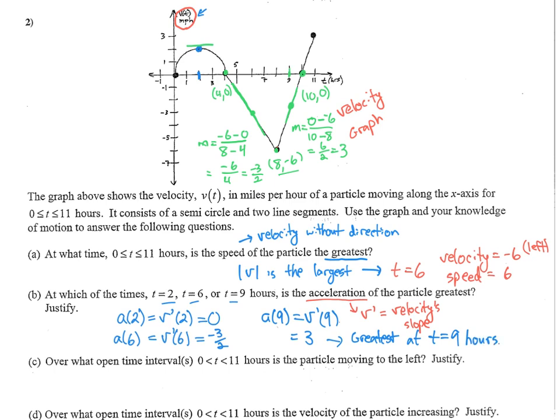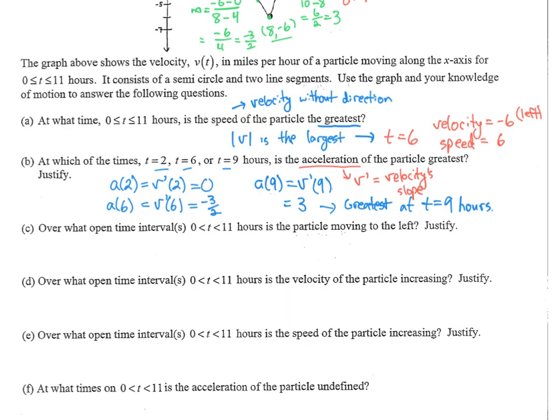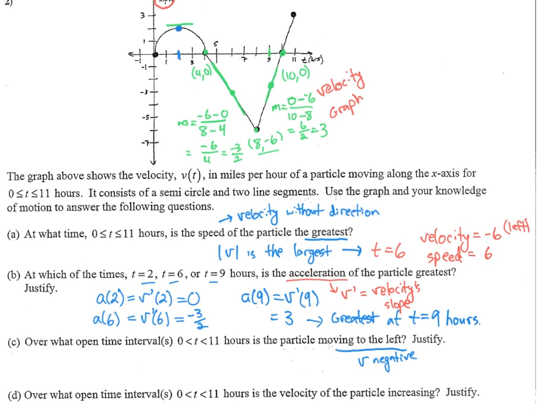All right, let's take a look at the next one. Okay, and then part C is asking us over what time intervals from 0 to 11 is the particle moving to the left. And as we know from before, moving to the left is equivalent to asking where is the velocity negative. And remember, what we have up here is the graph of velocity.